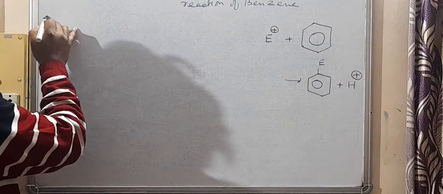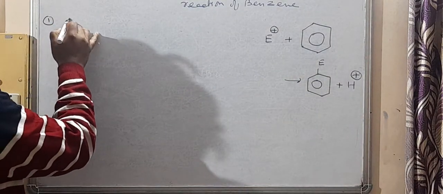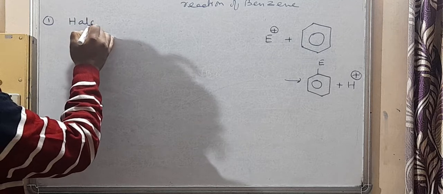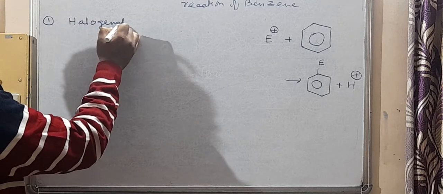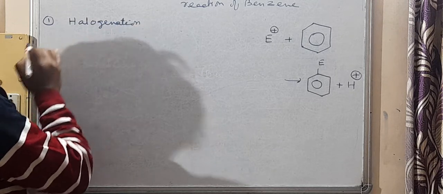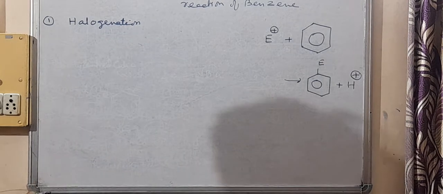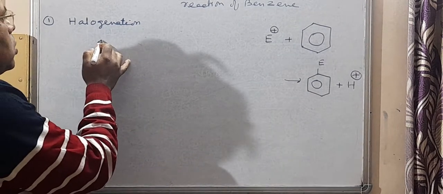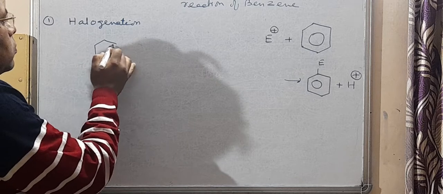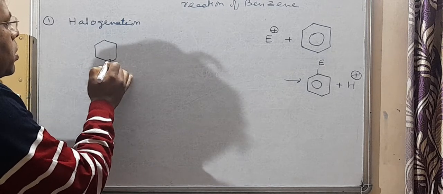First, we'll be doing halogenation. Halogenation can be represented like this.